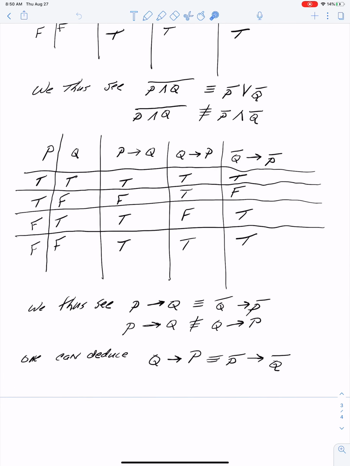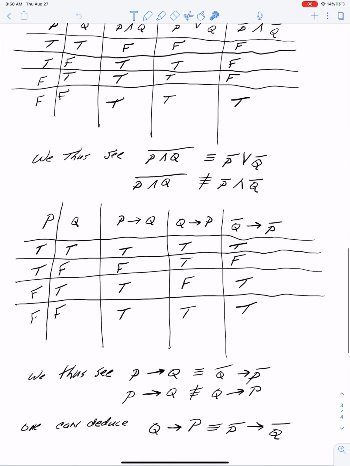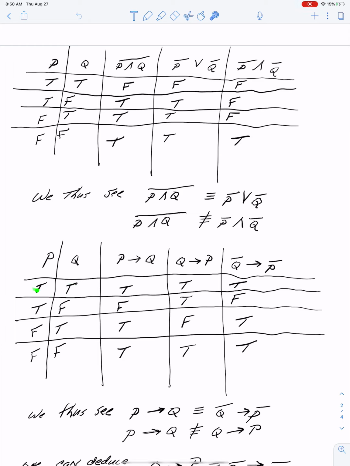Now, if I look at Q implies P, that is the converse. Let's look at that. So in the first line, it's what? Q implies P. So true implies true, which is true. The next one is false implies true, which is true.